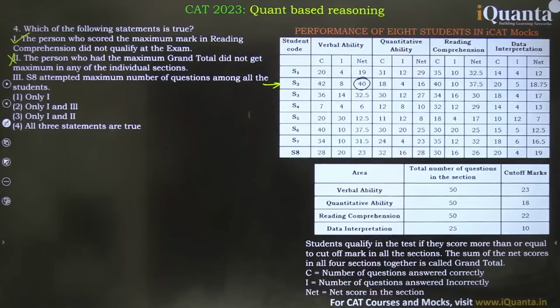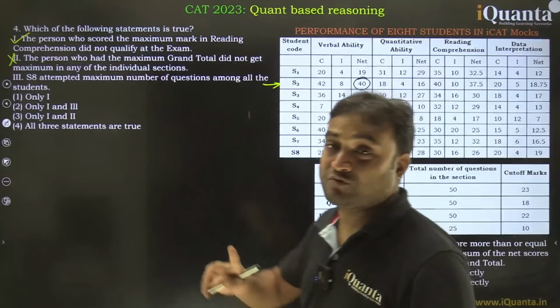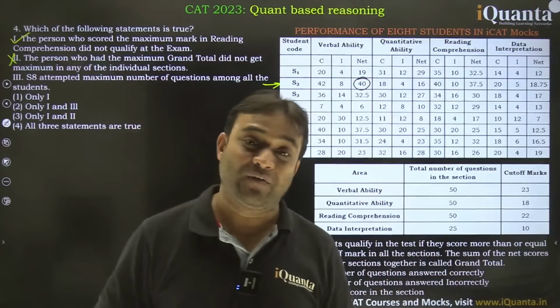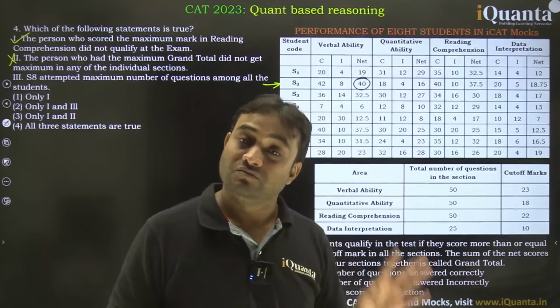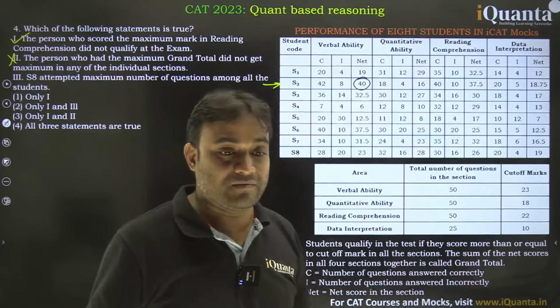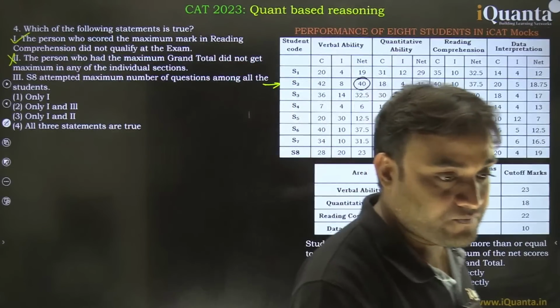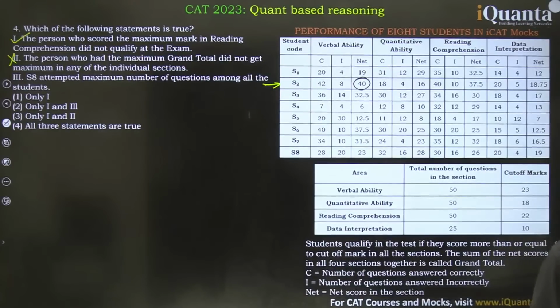Srishti, A3 got the maximum grand total within those persons who qualified. Okay, S2 got maximum in all 8. Doesn't matter qualified or not qualified.